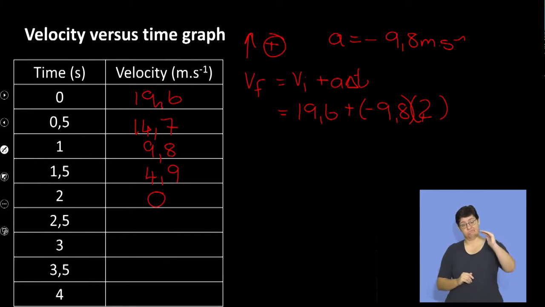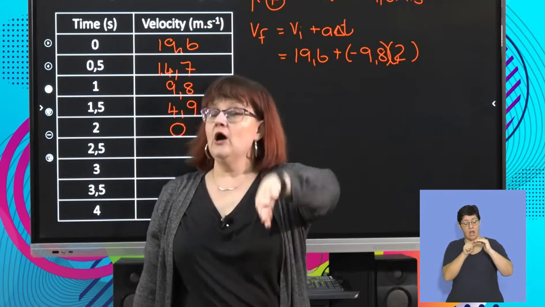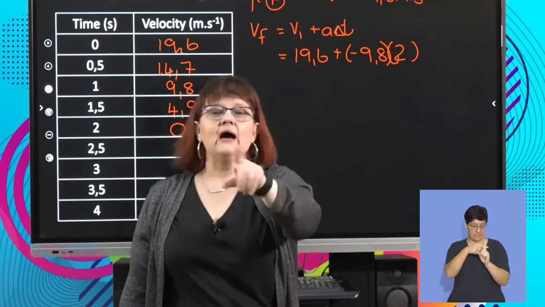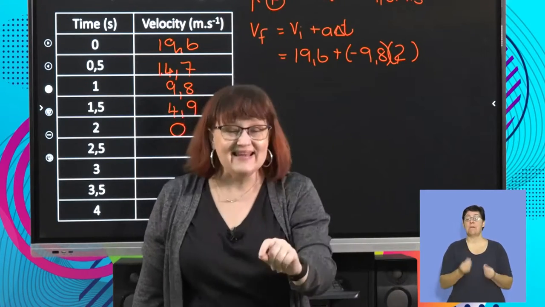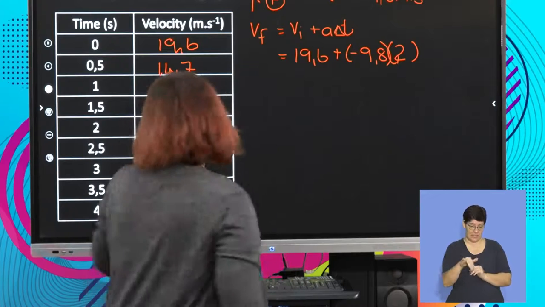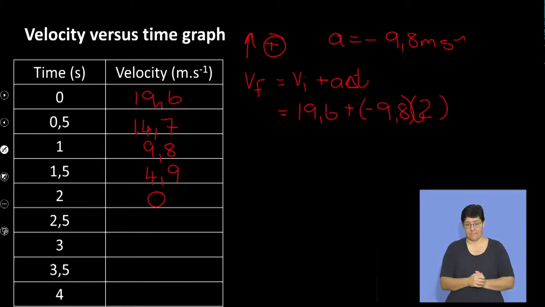Okay? Now we need to look at what happens after that. So our assumption is that now it's going to come back down. Up was my positive direction, so it means that now I should be getting negative velocities, okay? So let's see if that's what happens.